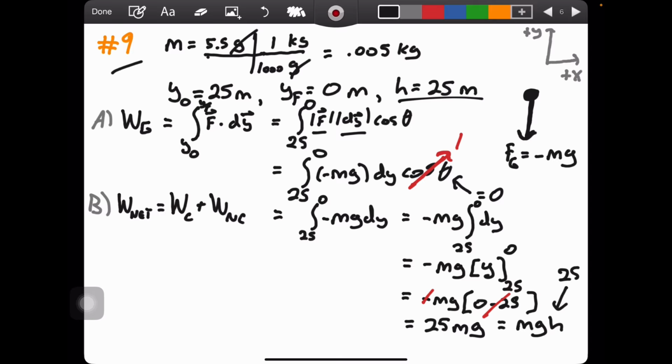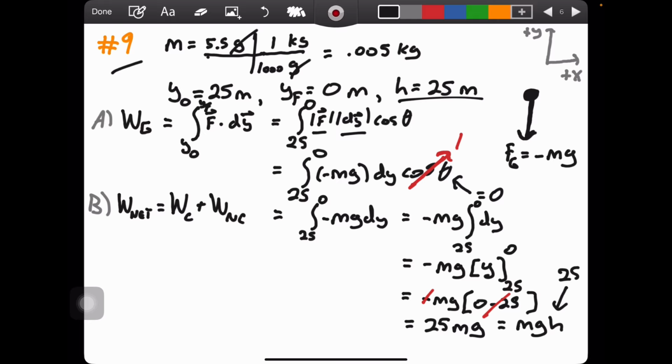In this problem, there are no non-conservative forces. In fact, there's only one force that we need to worry about in this problem, and that's the force of gravity. Force of gravity is a conservative force because when gravity does negative work, potential energy stores up, which we can get back in the form of kinetic energy.